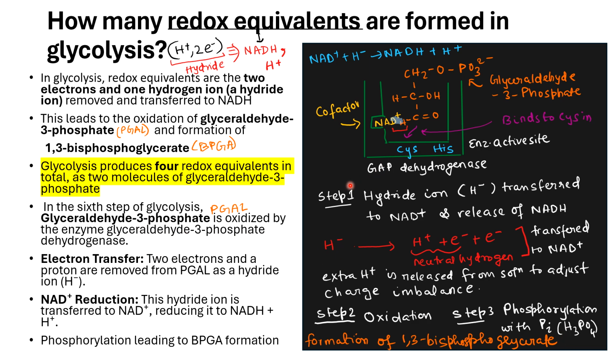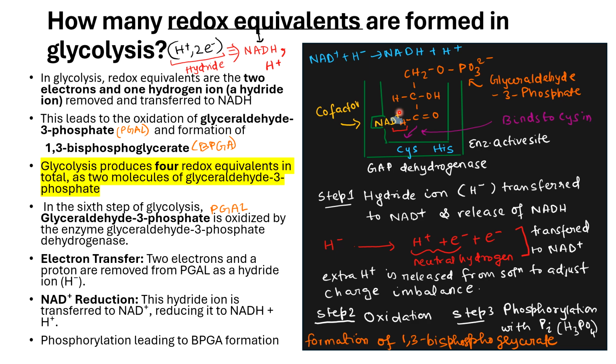In the first step, glyceraldehyde 3-phosphate is oxidized by the enzyme and it is forming the glycerate, or the acid, from the aldehyde. Okay. Next, it is transferring the hydride ion to NAD plus.